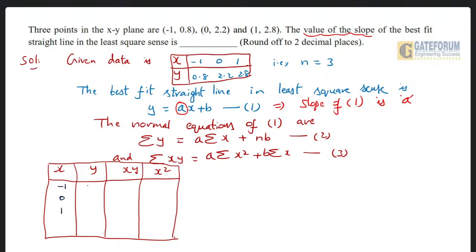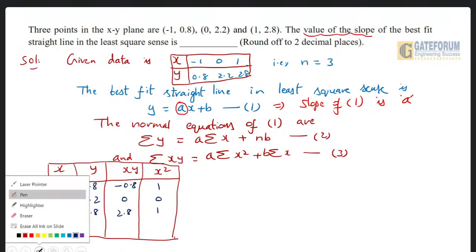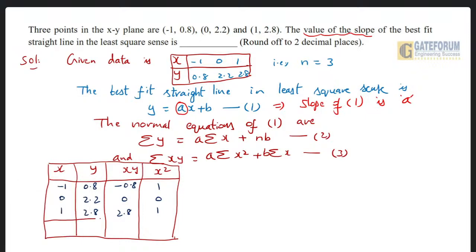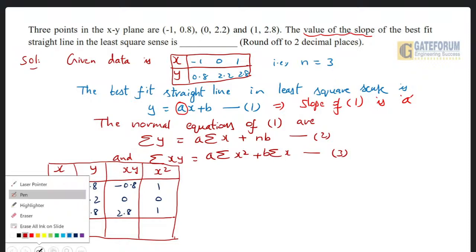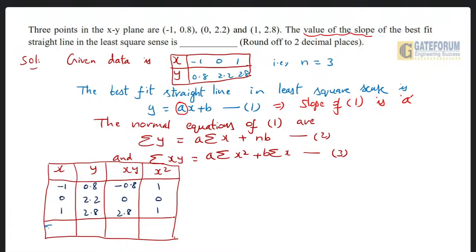Corresponding y values 0.8, 2.2, 2.8. X into y -0.8, 0, 2.8. X square 1, 0, 1. So adding all these, you will be getting sigma x means sum of x values 0.